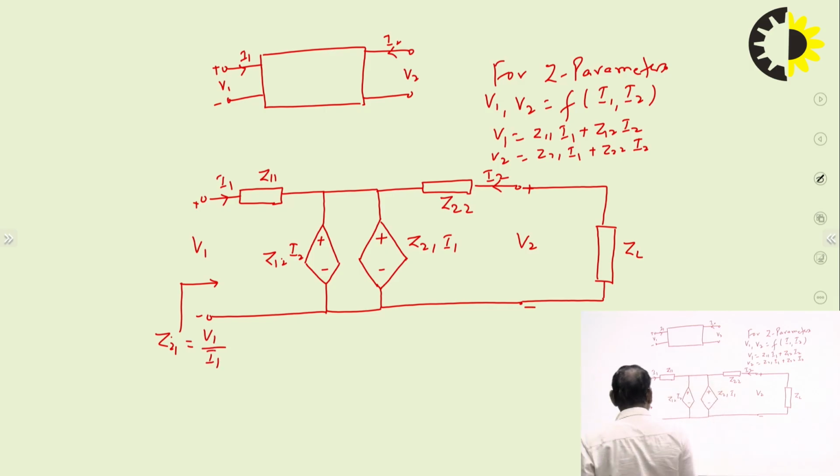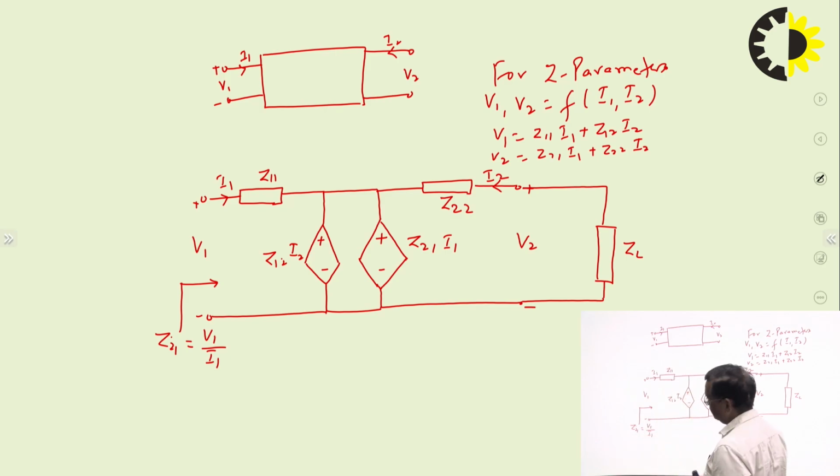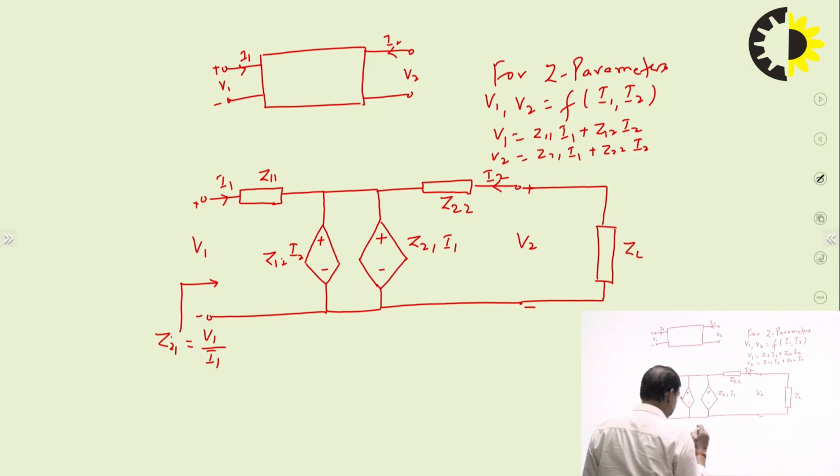So from this circuit you have to find the ratio of voltage to current, that is V1 upon I1, at the input terminal when the output is terminated by ZL. So how will I start? Just write the basic equations for Z parameters.